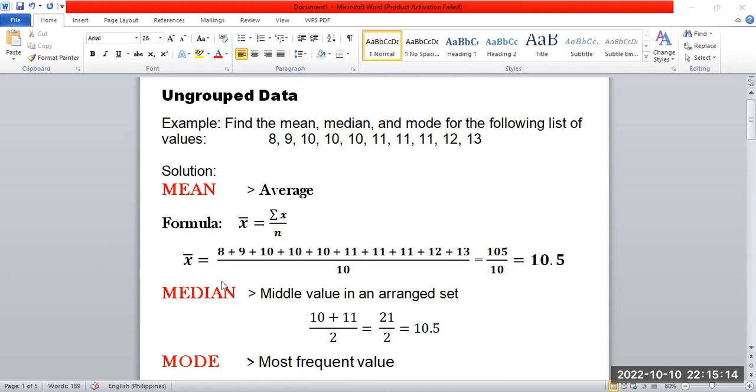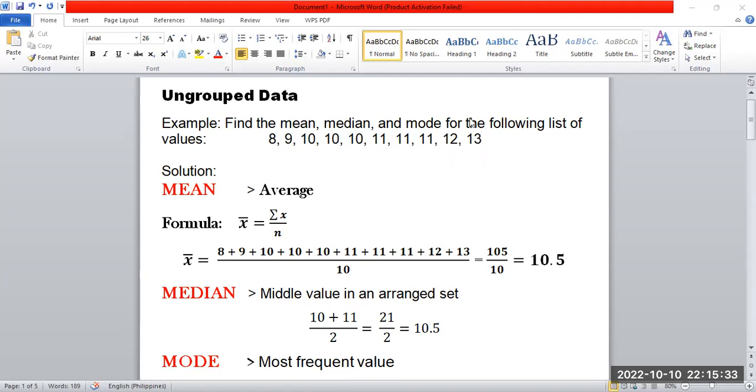Now, with the median, the middle value in an arranged set. So before finding the median, mas okay na i-arrange muna yung given set of data or list of values from lowest to highest.